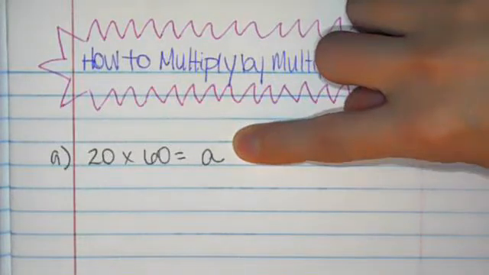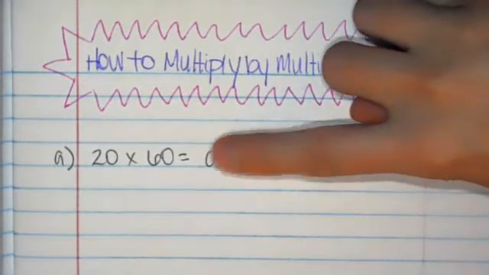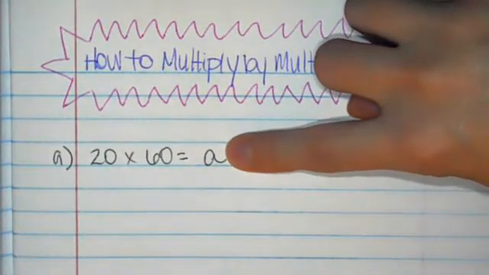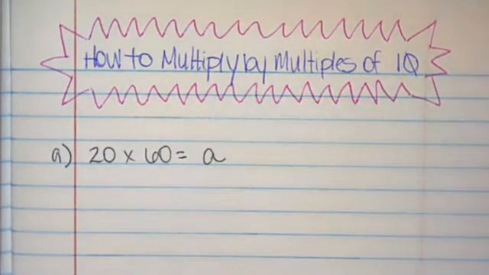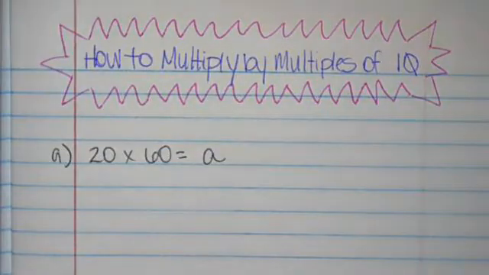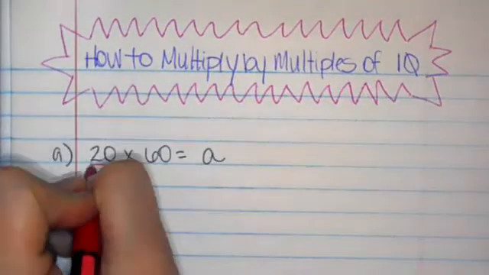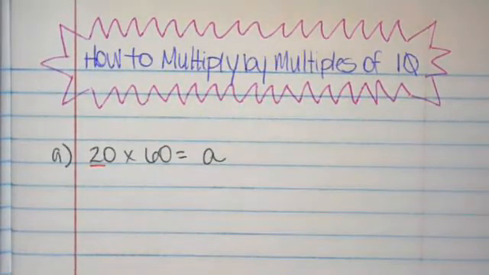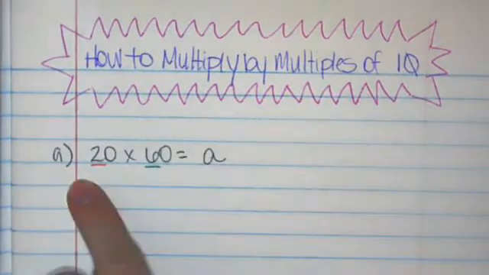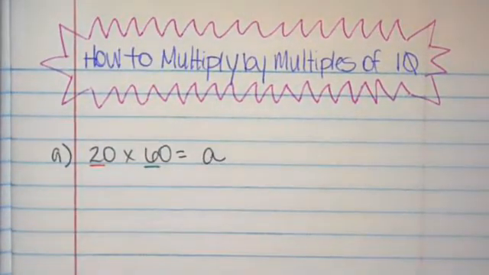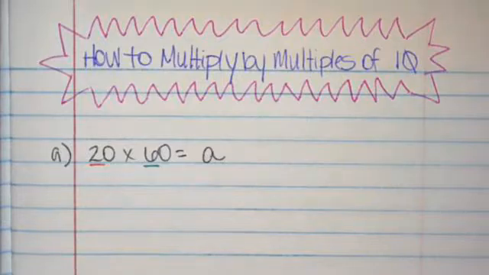But anyway, we are going to solve this problem and figure out what A equals, but we are going to start by doing our basic math facts. And our basic math facts would be the 2 and also the 6. So we're going to build up to 20 times 60 by using the knowledge of our basic math facts.